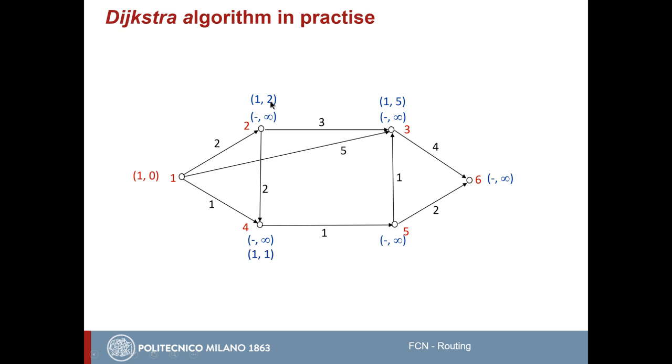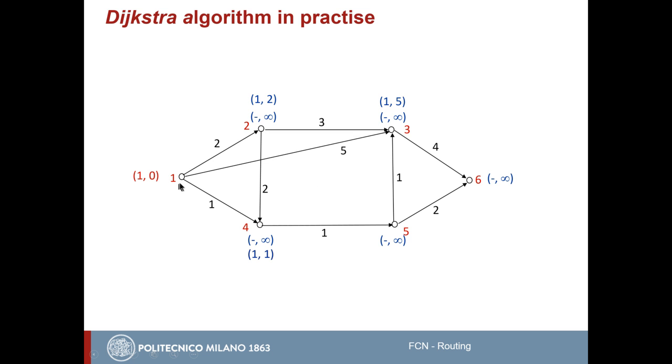So we will have here this node, which is a distance 2, this is a distance 5, this is distance 1, because we have these three links which are direct with the source. And then the other nodes remain with infinite distance, because they are not directly connected to the source.